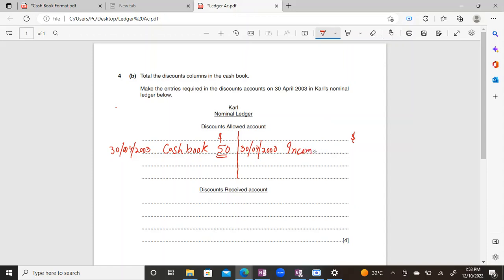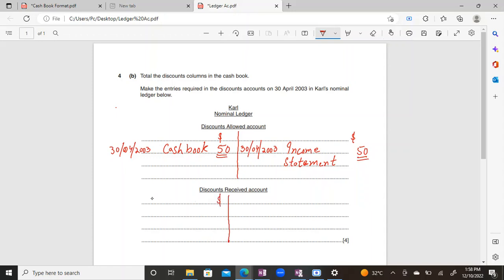So in order to balance both sides, you can write here income statement, $50, and both sides are equal.